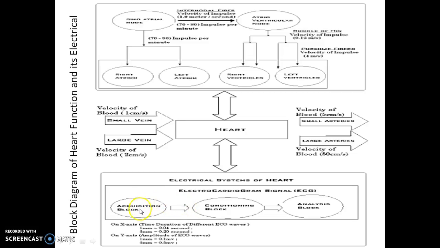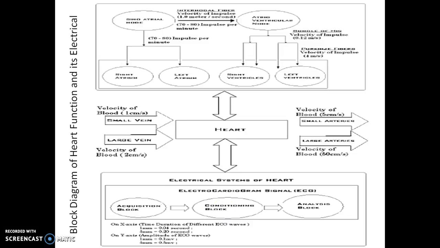So the ECG signal is acquired by placing electrodes on the chest. The ECG signal acquired from the chest is of very low voltage, in millivolts, so it has to be amplified. The amplifier is in this conditioning block. Also the ECG will be corrupted with a lot of noise from other parts of the body.